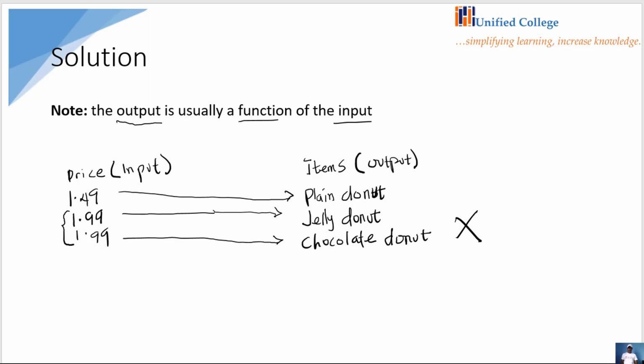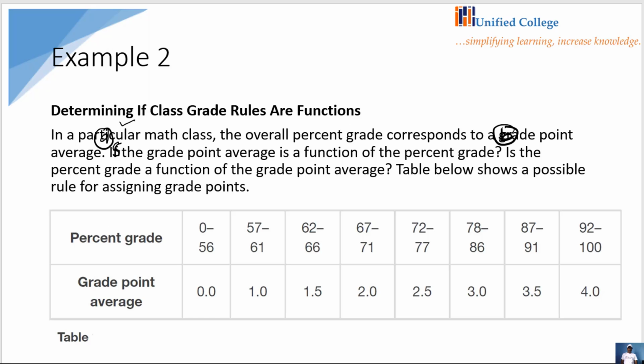So the question says, is the grade point average, that means the grade point average in the first question is our output, while the percent grade is our input. Now the rule is that your input must be unique.